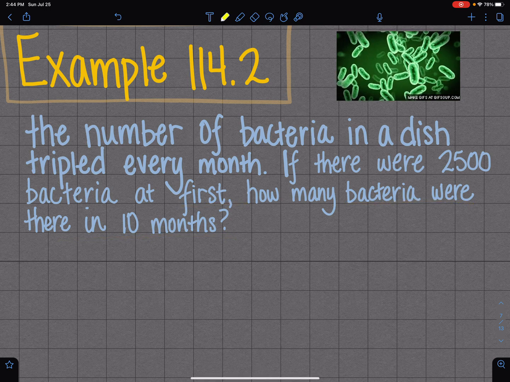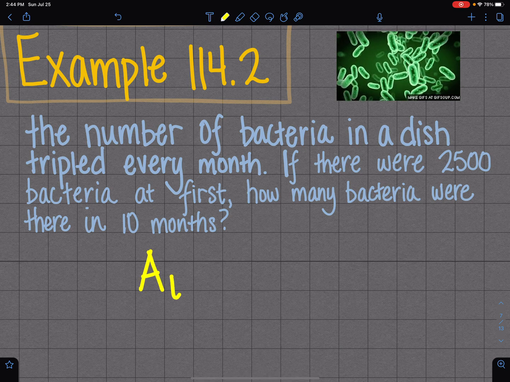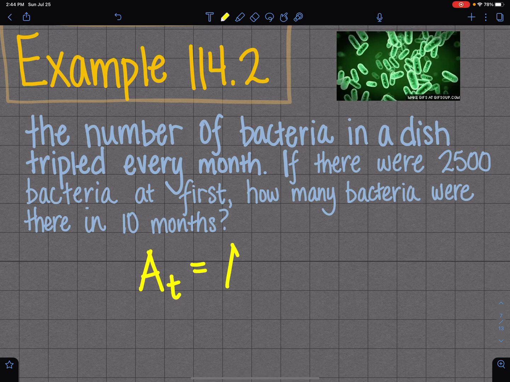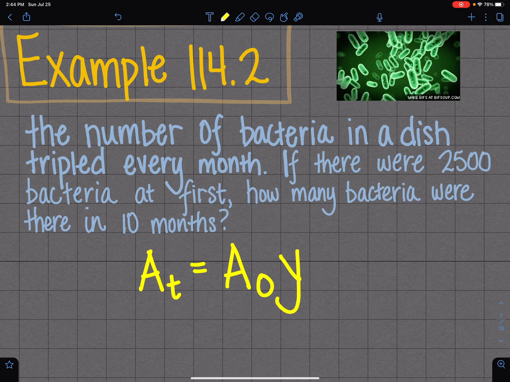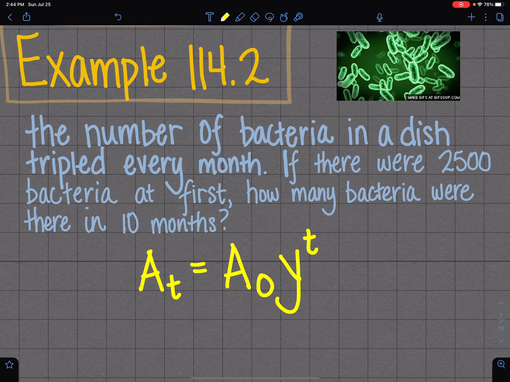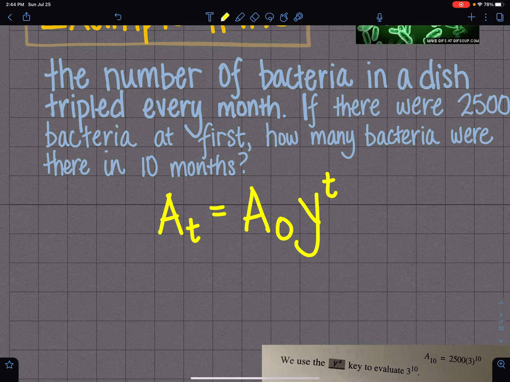So remember that equation. The amount after a certain number of time is equal to your original amount times y, that's going to be your growth multiplier, raised to the exponent of t. Okay, now let's just plug in what we know. Your original amount of bacteria was 2,500.